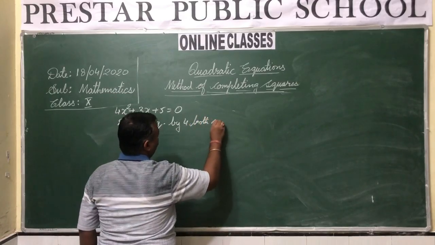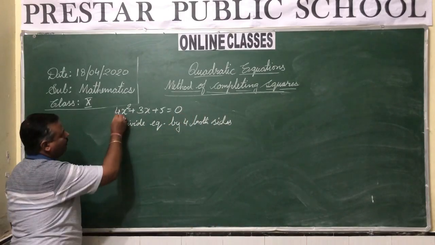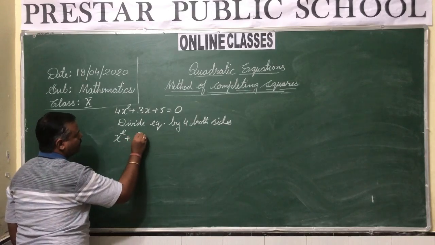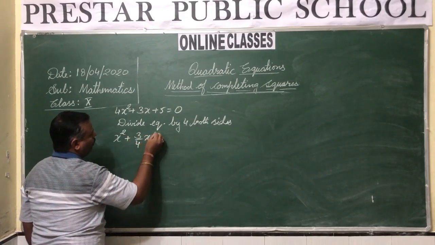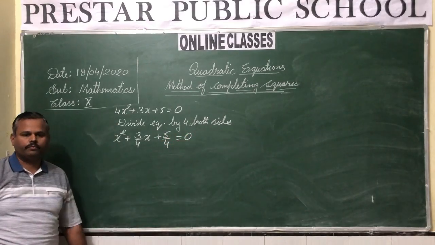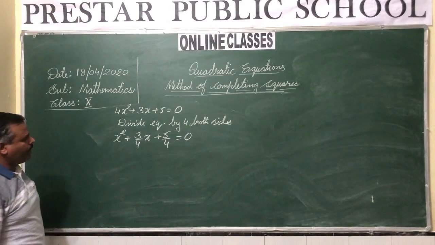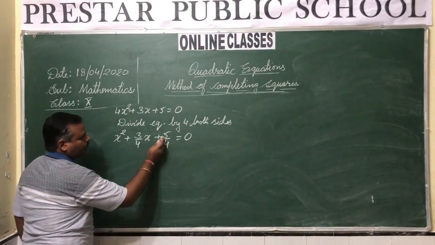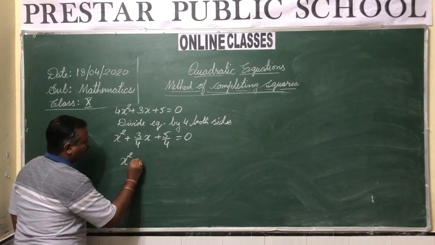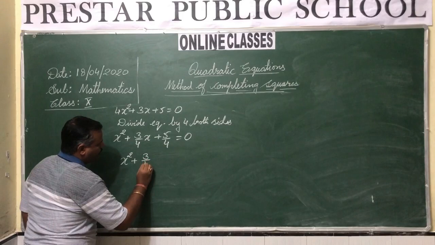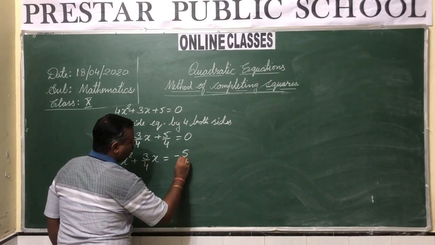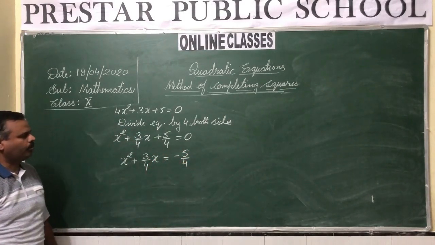On dividing it, it is x squared plus 3 upon 4x plus 5 upon 4 equals 0. So this first step is complete. Now our second step was to transpose the constant term to the other side. You can write it straight away, no need to write the step. You can simply take it as x squared plus 3 upon 4x equals minus 5 upon 4.